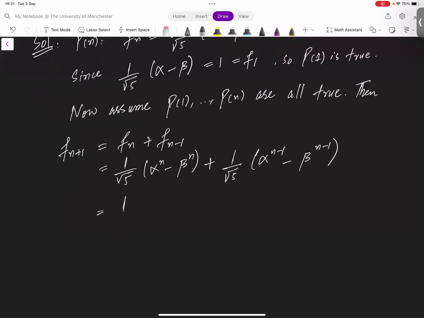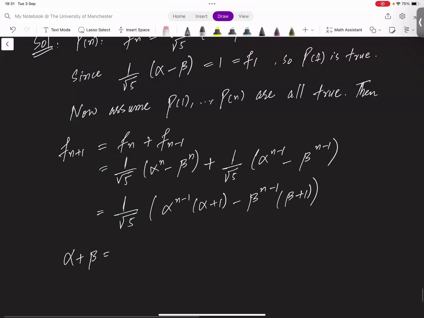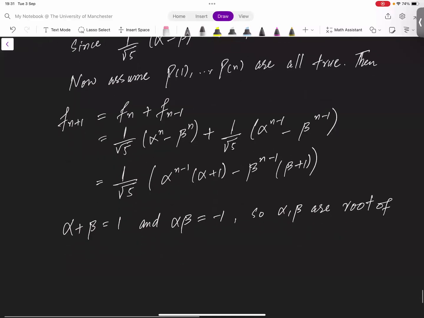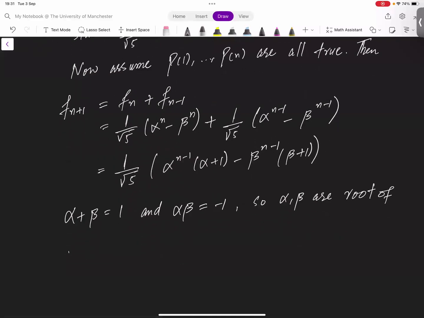And this can further be written with 1 over under root 5 common, so we can write alpha power n minus 1 into alpha plus 1 minus beta power n minus 1 into beta plus 1, right? Now, alpha plus beta is 1 and alpha into beta is minus 1 from above. So alpha and beta are roots of the quadratic equation x square minus x minus 1 is 0.